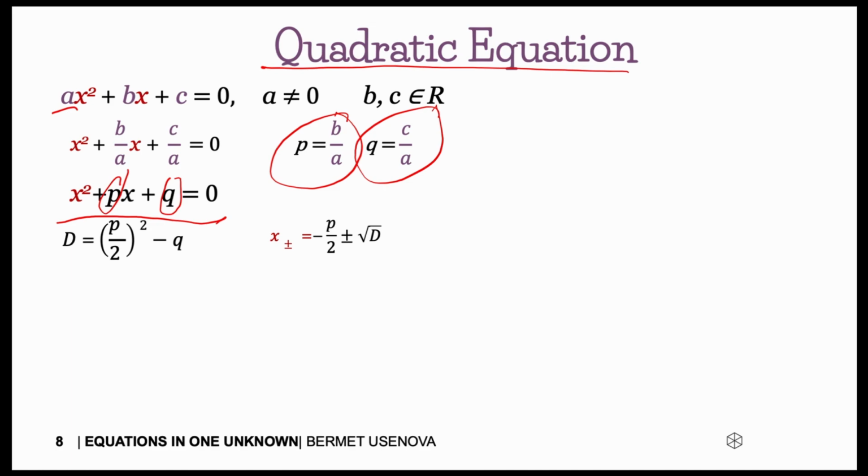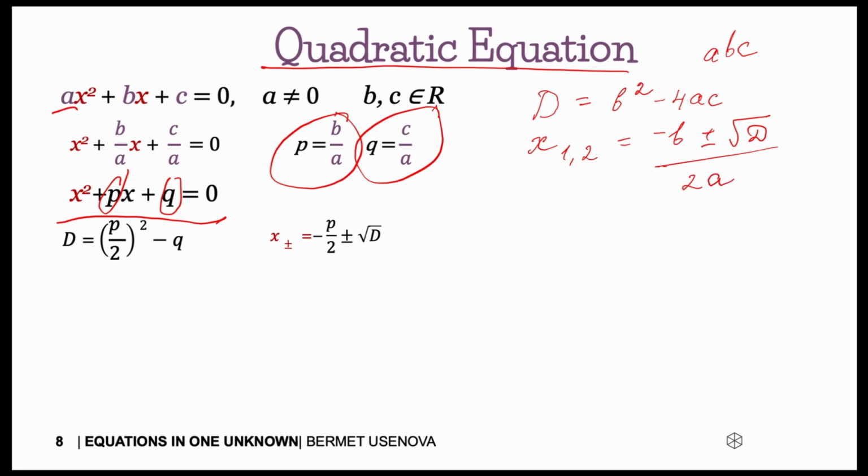If the equation is not in normal form, you can use the ABC formula. I will write it here as well. D equals b squared minus 4ac. X will be minus b plus minus square root of d, divided by 2a.